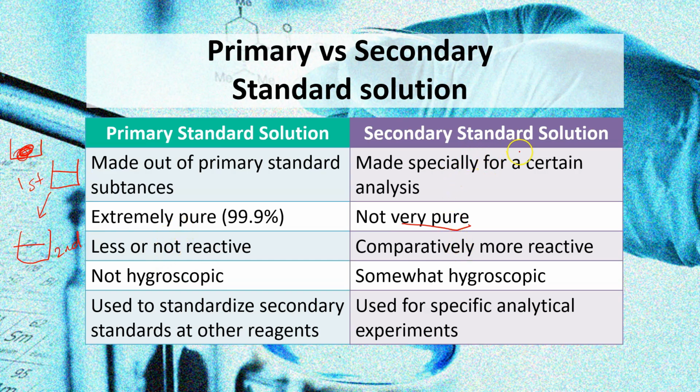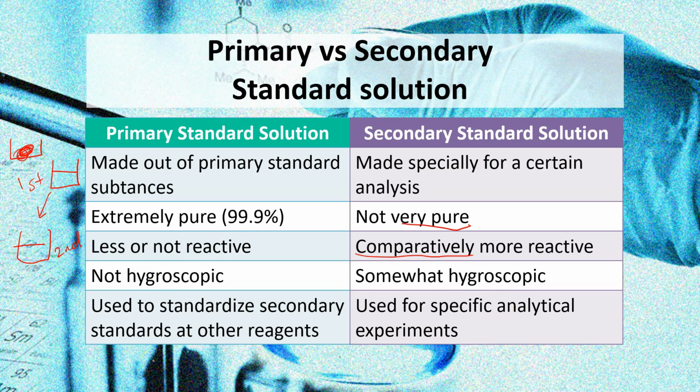However, the secondary standard solution is comparatively more reactive to the analyte or unknown solution, because its concentration is normally comparable with the unknown solution. Next, the primary standard solution is not hygroscopic, while the secondary standard solution sometimes shows hygroscopic properties.